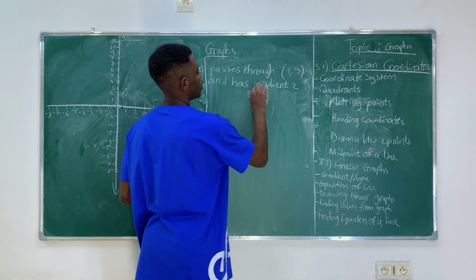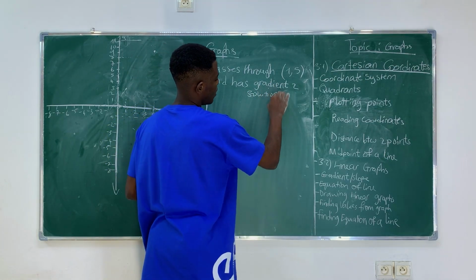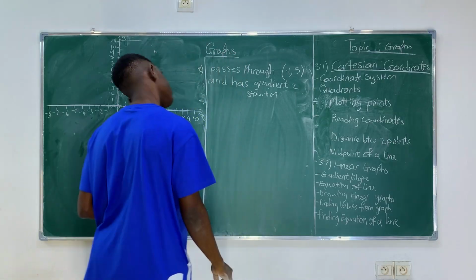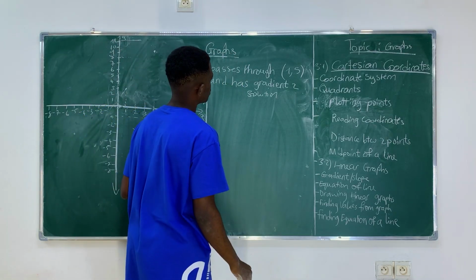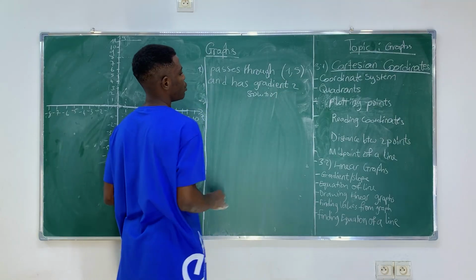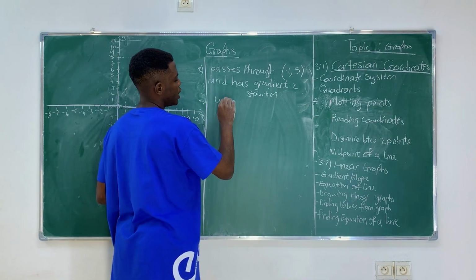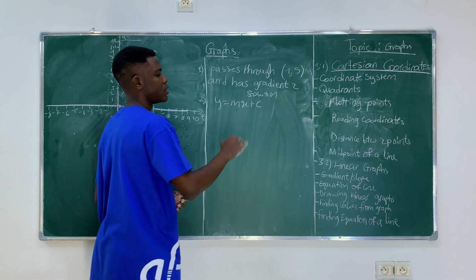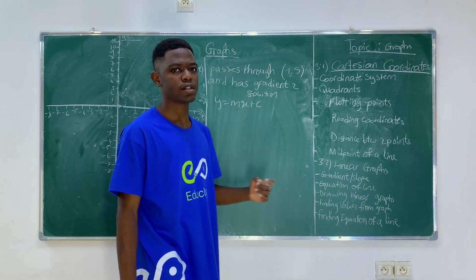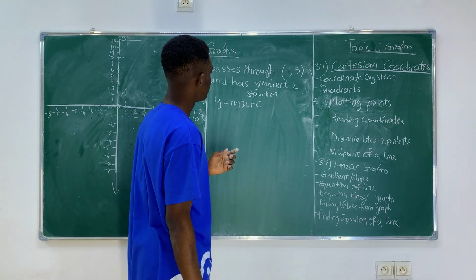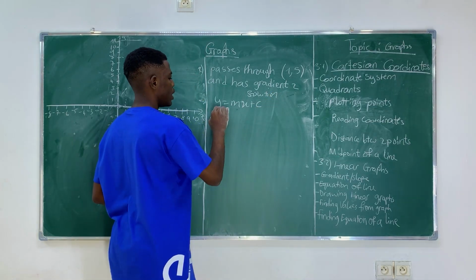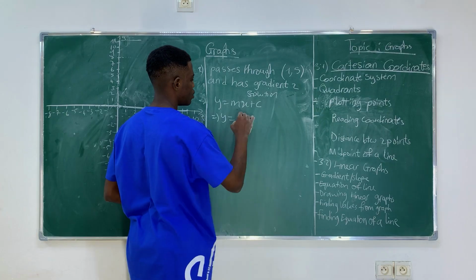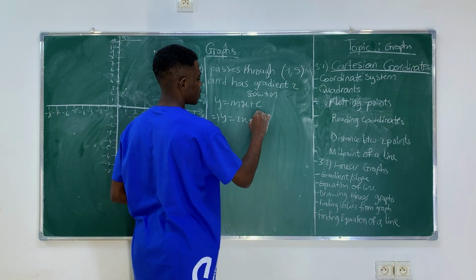So, solution. What's going to be the equation to that? It passes through 1, 5. So the point is 1, 5. You know that the equation of a line is y is equal to mx plus c, where m is the gradient and c is the y-intercept. So they're giving you the gradient here. This implies the equation of the line is y is equal to 2x plus c.